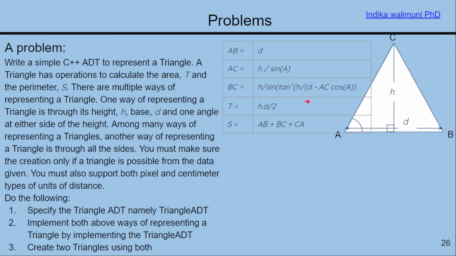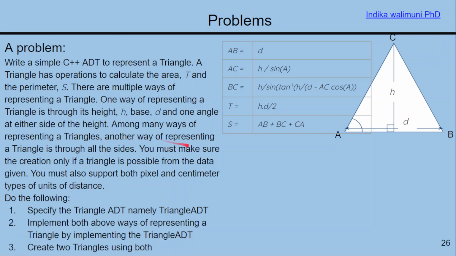You can try this out by using your own trigonometry knowledge. This is the formula for BC. And T is the area, which is basically the height times the base divided by 2, and the perimeter is simply the sum of all three sides, so AB plus BC plus CA.